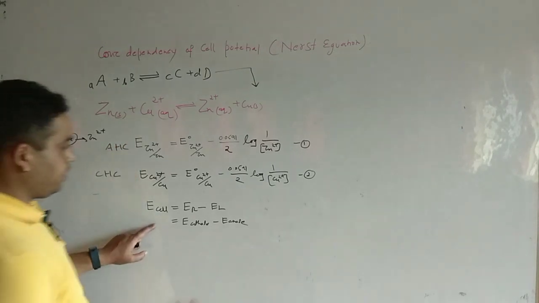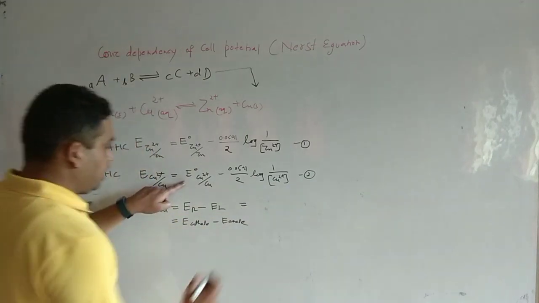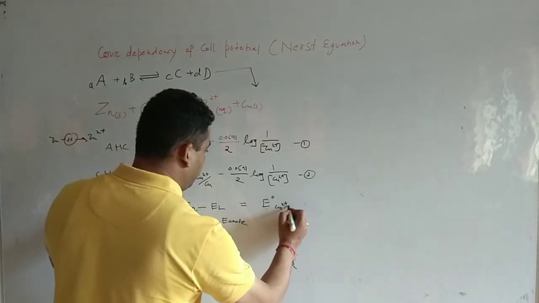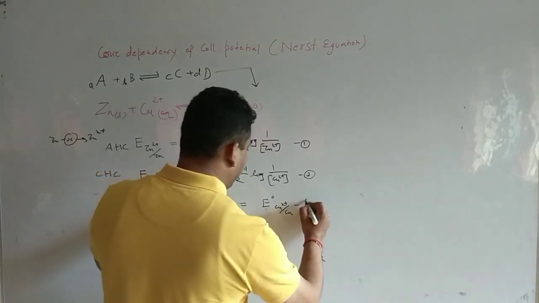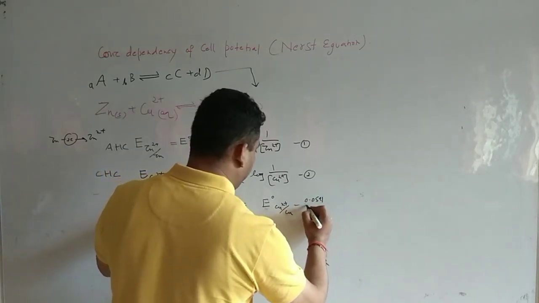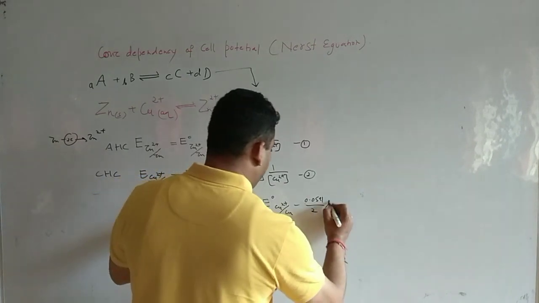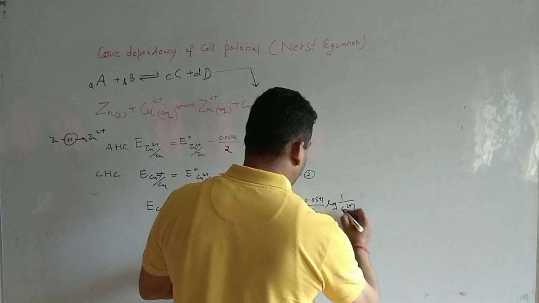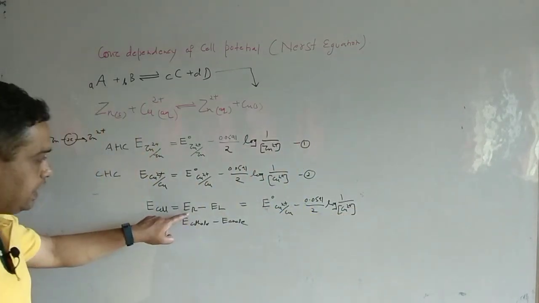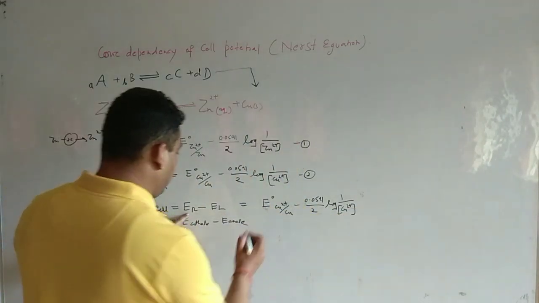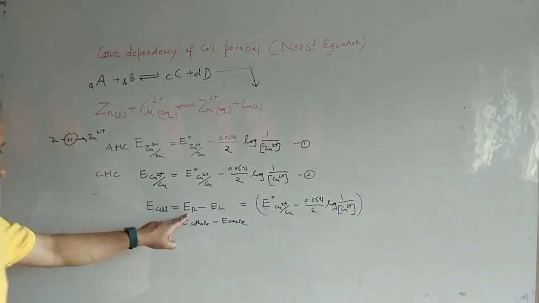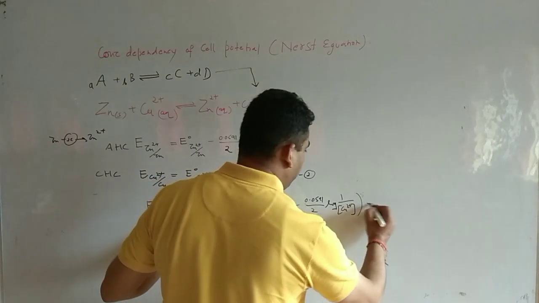So you can very quickly write the values. Your ER is actually E standard Cu2+ by Cu, negative 0.0591 divided by 2 log of 1 by Cu2+, right? This is the value of ER, and I can put this expression in a bracket. I'm putting the negative sign here.